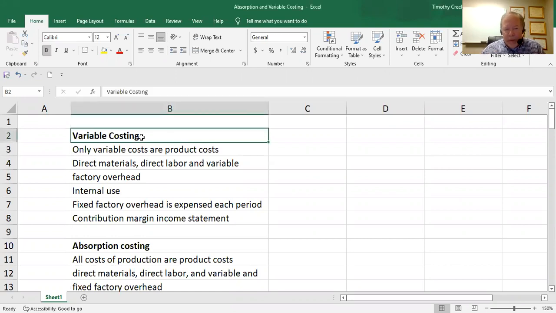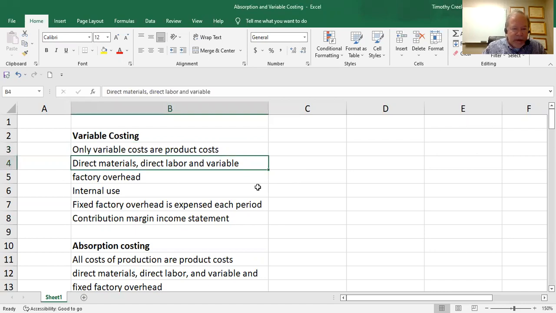Both of these are ways that companies can account for their product cost within their financial statements. So variable costing is one way. With variable costing, only variable costs are product costs. So your product cost would consist of direct materials, direct labor, and variable factory overhead.